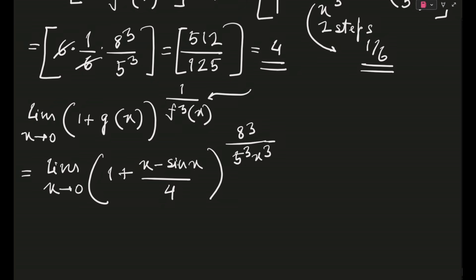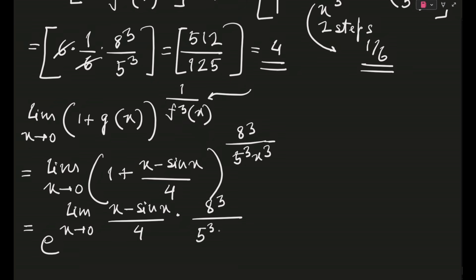Okay, anyways, so this will actually be e power of limit x tending to 0, and we know there is a minus 1, so this 1 will get cancelled. x minus sin x by 4 multiplied by 8 cube by 5 cube x cubed. If we evaluate this somehow, I guess it's coming to be very similar to the last one, right?